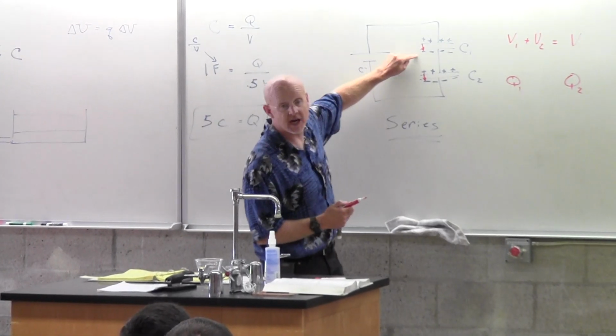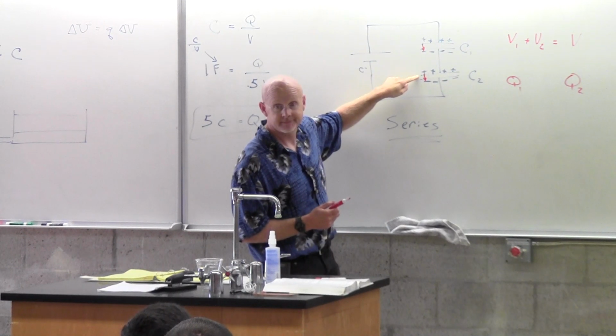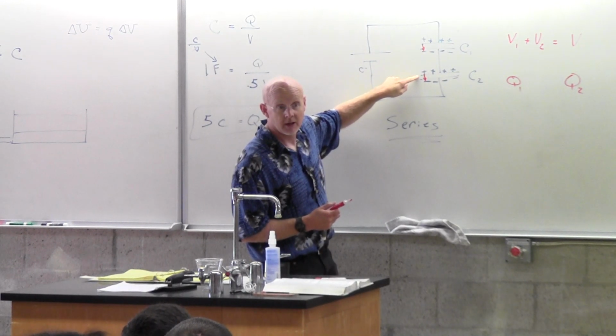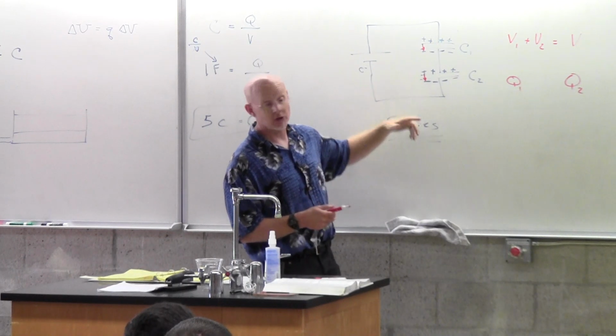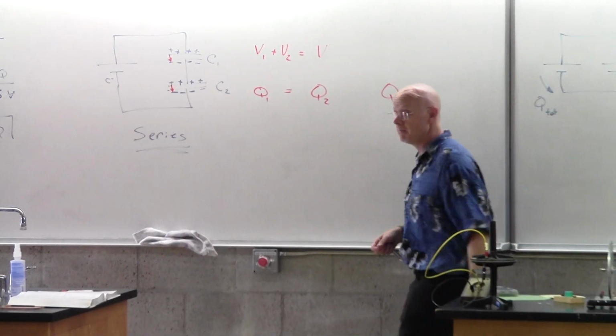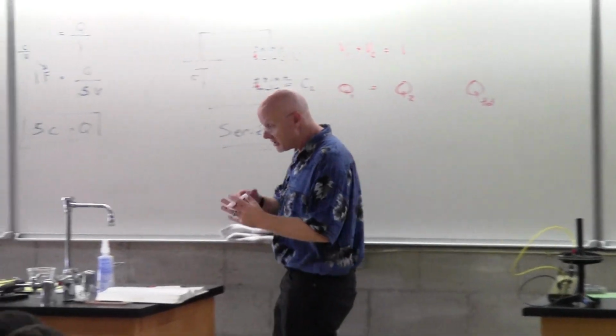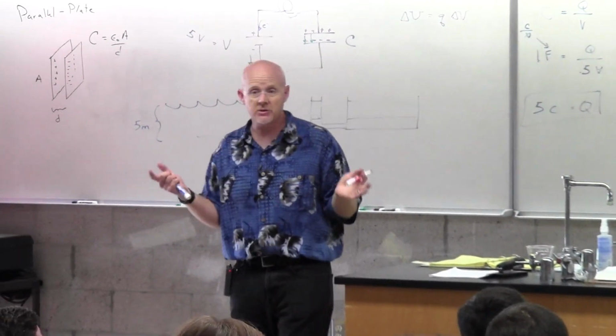Where did these negatives come from? From that one. Any charge on number 1 came from number 2. So how much on charge 1 compared to charge 2? It's got to be the same. And so things that are in series like this are going to have the same charges going through them. You guys in your circuits, you've been doing that with resistors already, right?